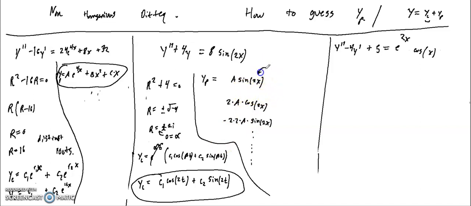one thing I realize is this inside, the 2x, doesn't change. And another thing I realize is, well, we have a cosine of x, and the tricky part about this is our particular solution also needs to account for these derivatives that have cosine in it.